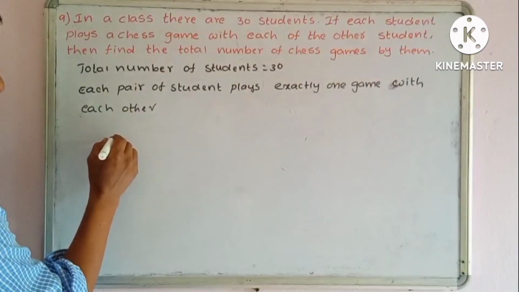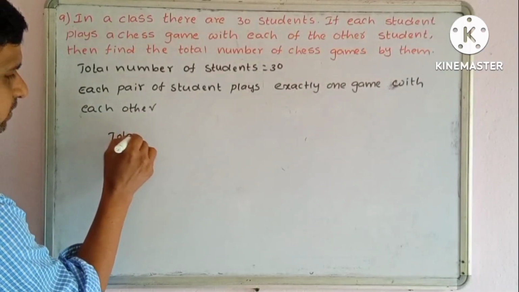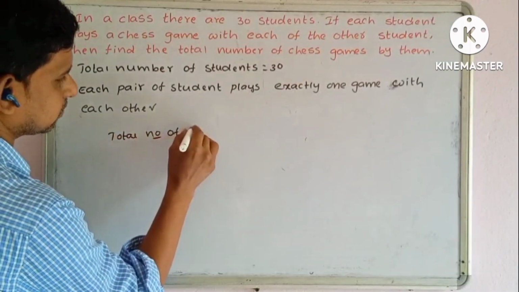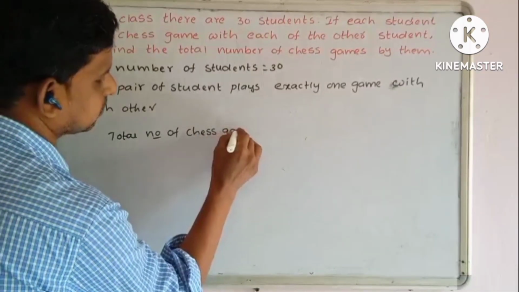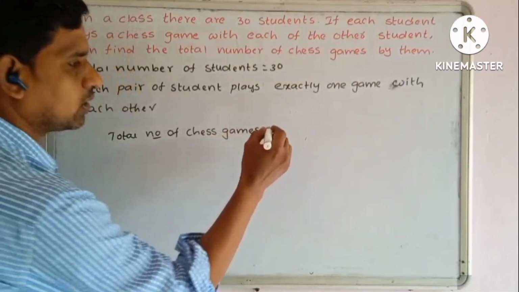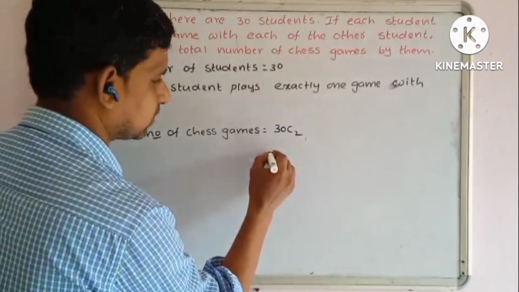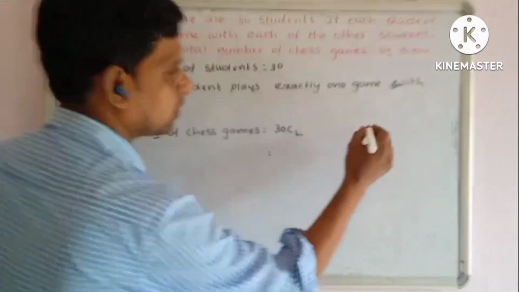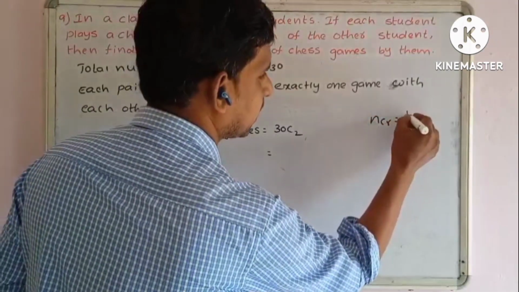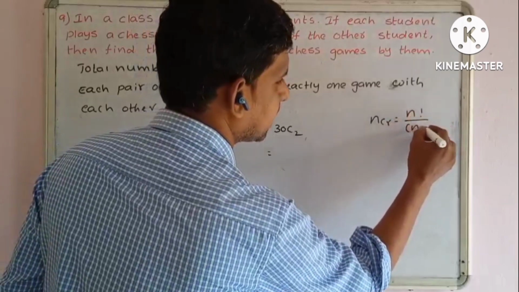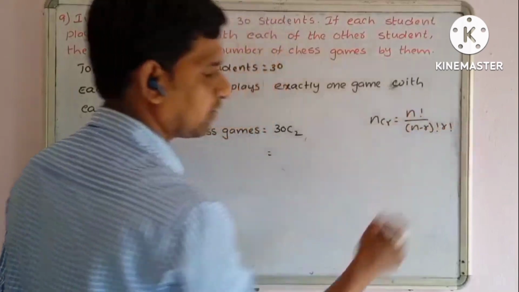So the total number of games equals, from 30 students, we are choosing only 2 students. So 30 C 2. We know the nCr formula: n factorial by n minus r factorial into r factorial.